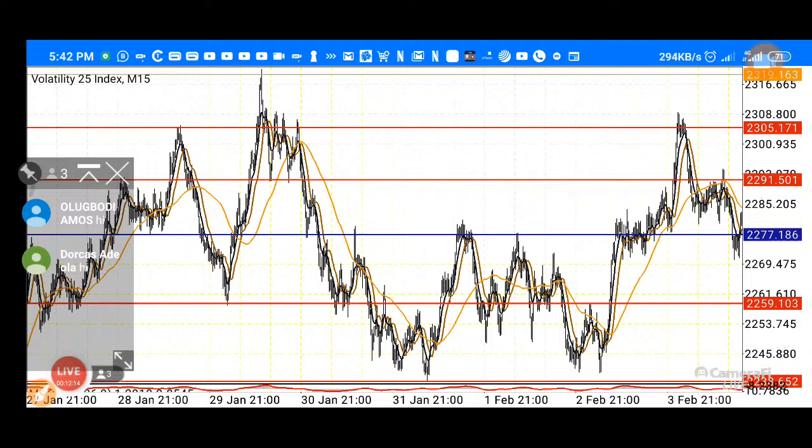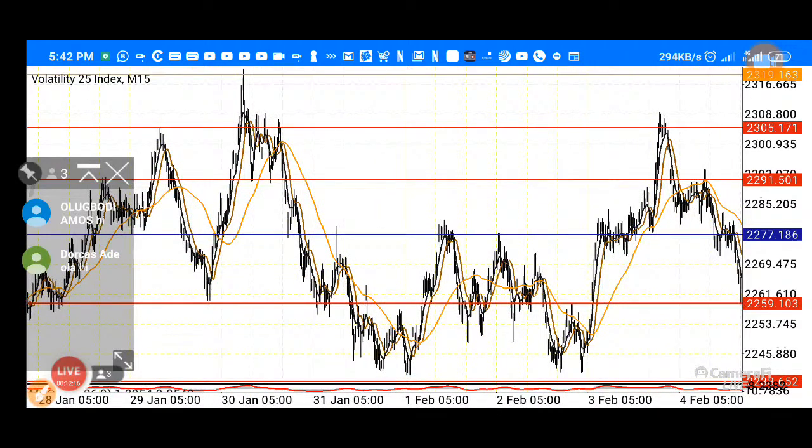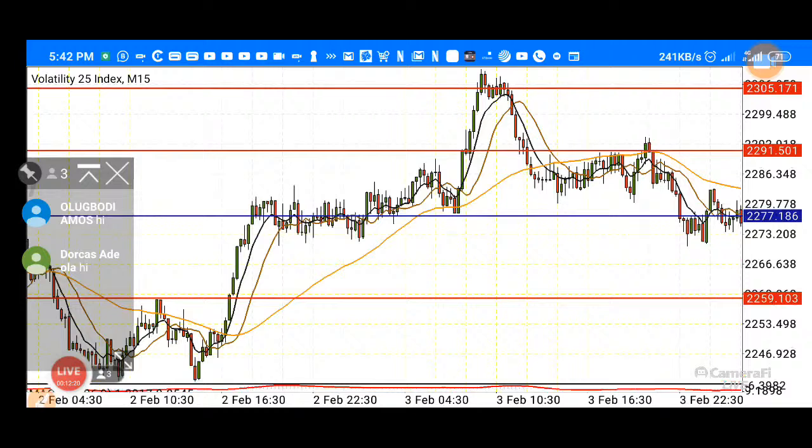So for the bounce, if you are waiting for a bounce, had it been that this market, as it was coming from upwards, bounced from here, you would have entered for a buy over here.